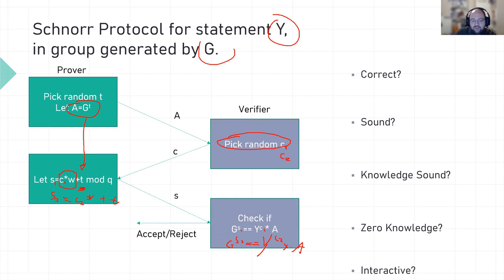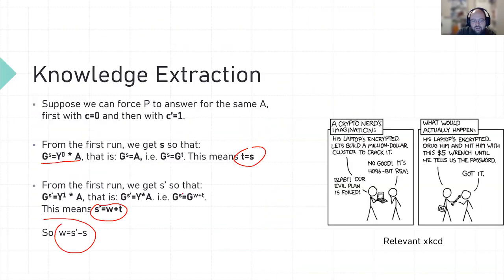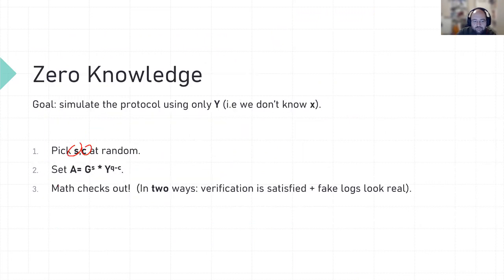Now for S, it's less easy to see that the distribution is the same. But essentially, what we have here is that this T is random, and this T is entered into here. So we can argue that this T value effectively completely randomizes S. So it's fair to say that in the real protocol, S and C are uniformly random elements.